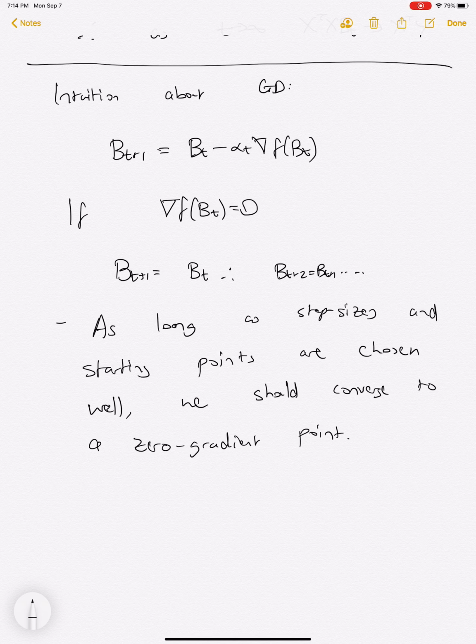Okay, and so that's essentially in a nutshell the intuition behind why you might expect gradient descent to converge.